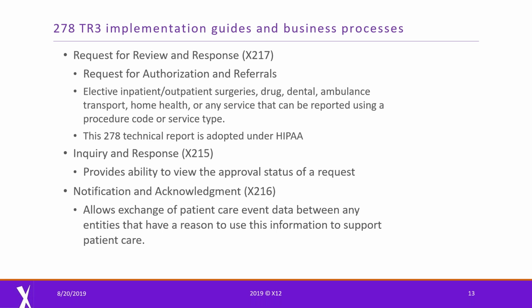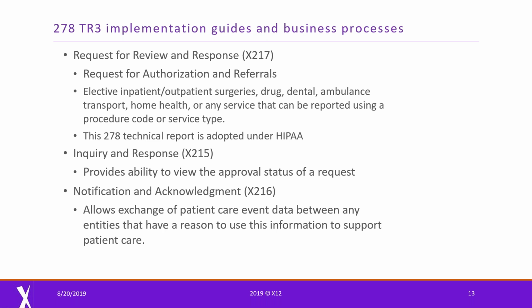When you use this authorization or referral transaction, it's utilized to describe anything that requires some type of utilization review. And you can do that by just using a procedure code, because a procedure code or a service type can describe the type of service that's requiring some type of authorization process. We also have the TR3, the X215, which is our inquiry transaction.